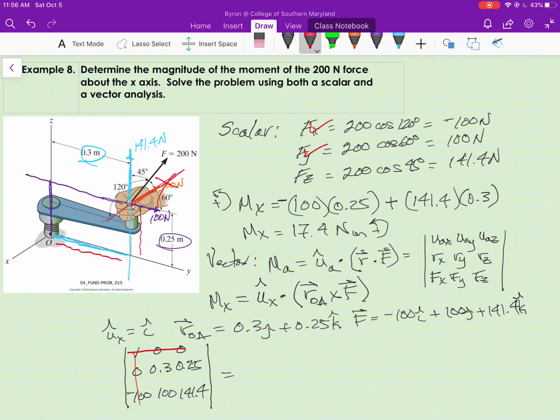And I'll do the math out here. The first calculation is going to be 1 times the quantity 0.3 times 141.4 minus 0.25 times 100.